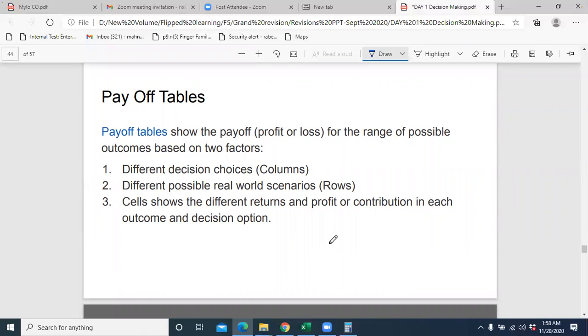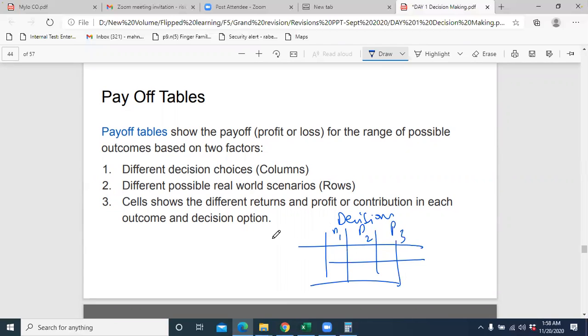A payoff table is a grid like this. Here you have the decisions, for example, you could invest in project P1, P2, or P3. In the columns are the decisions, and in the rows are real world scenarios.